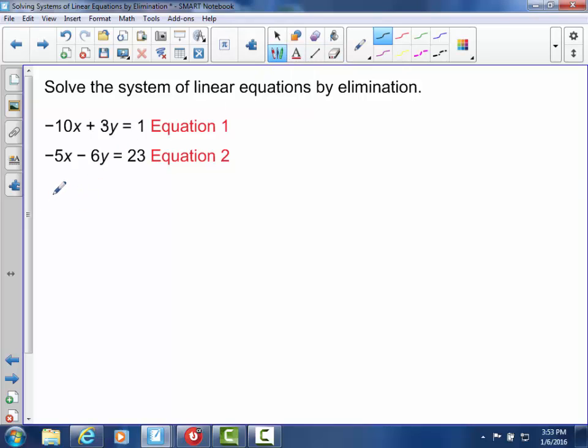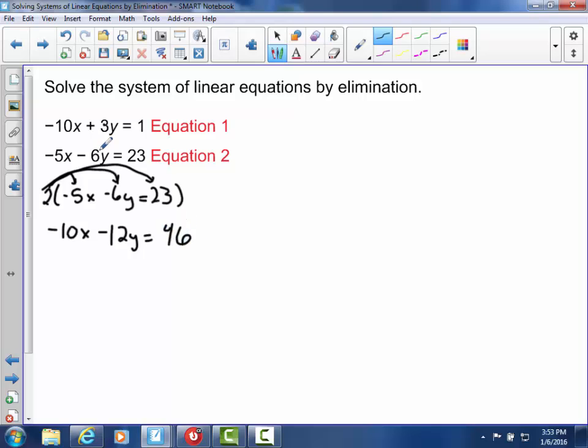So the first one, if we take the second equation and multiply it times 2, we're just going to distribute that 2 to everything in the parentheses. We get negative 10x minus 12y equals 46.